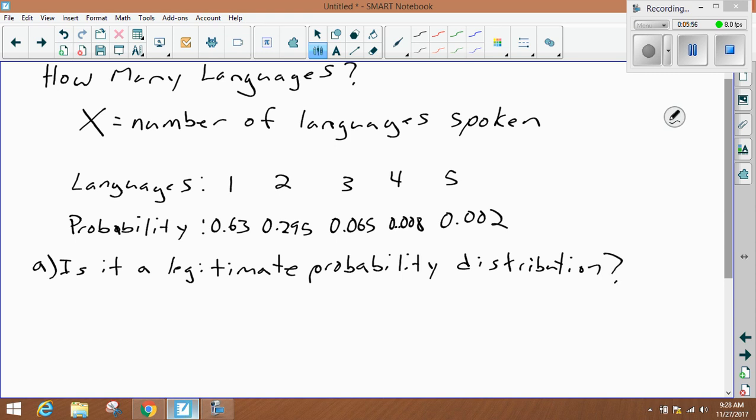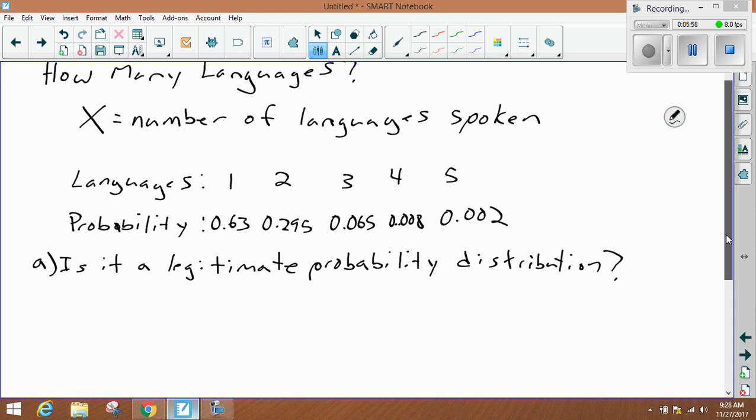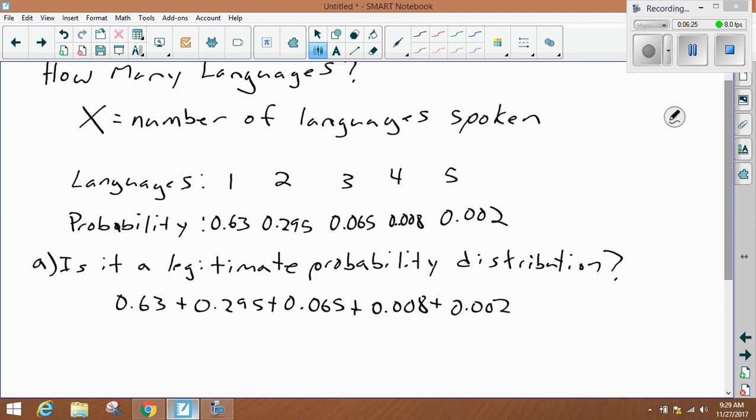So that's the first question we would like to ask. Well, how do we figure that out? We know that these have to add up to 1. So is it the case that 0.63 plus 0.295 plus 0.065 plus 0.008 plus 0.002 is indeed equal to 1?